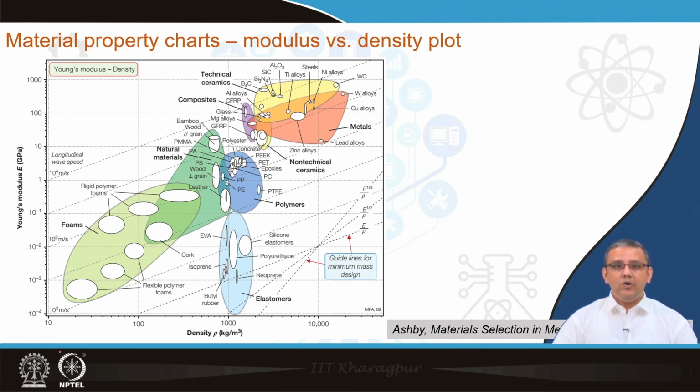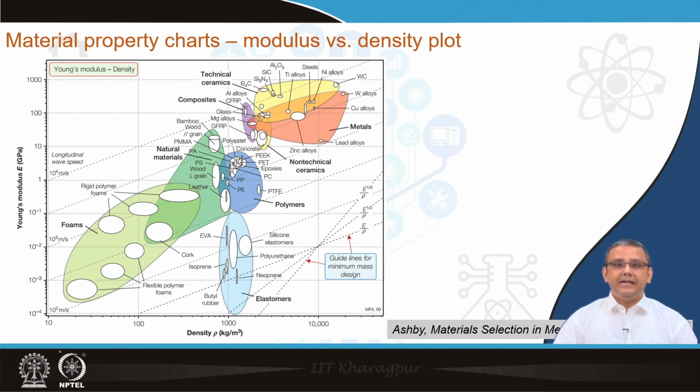As we know, covalent bond and ionic bond are the strongest ones, and ceramics possess covalent and ionic bonds. So, as you can see in the plot, ceramics are at the topmost portion, that is, ceramics have the highest Young's modulus.